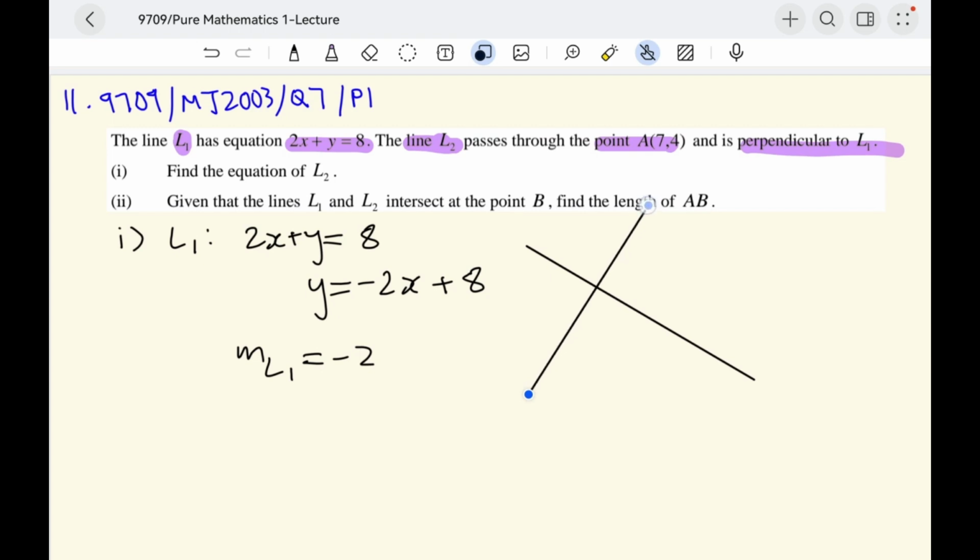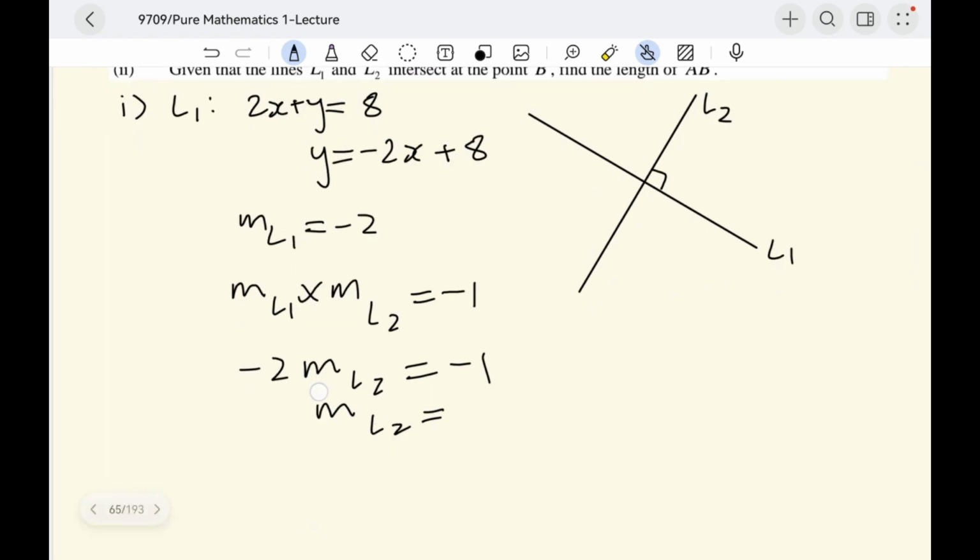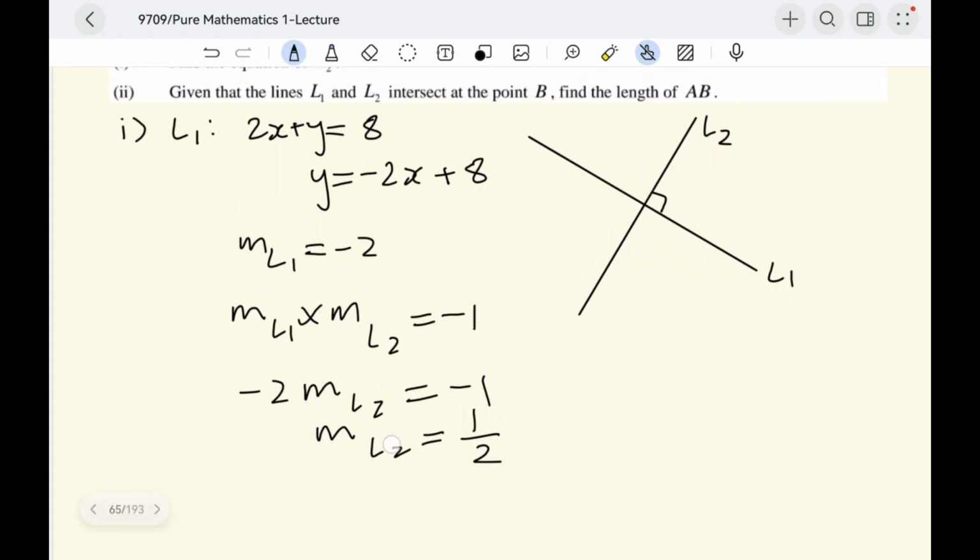That means your L2 must have a positive gradient, since L1 and L2 are perpendicular. So you need to use the relationship that the gradient of L1 multiplied by the gradient of L2 gives negative 1. Your m1 is negative 2 times m2 equals negative 1. That means the gradient of L2 is 1 over 2, which is a half.